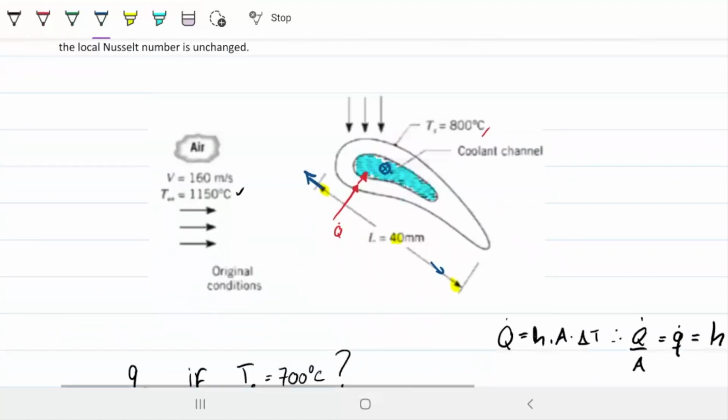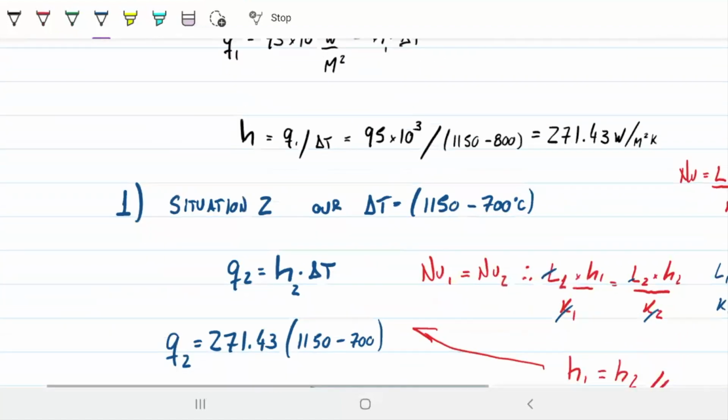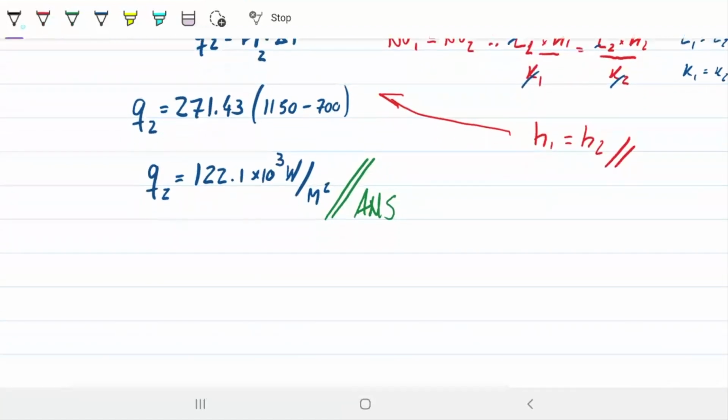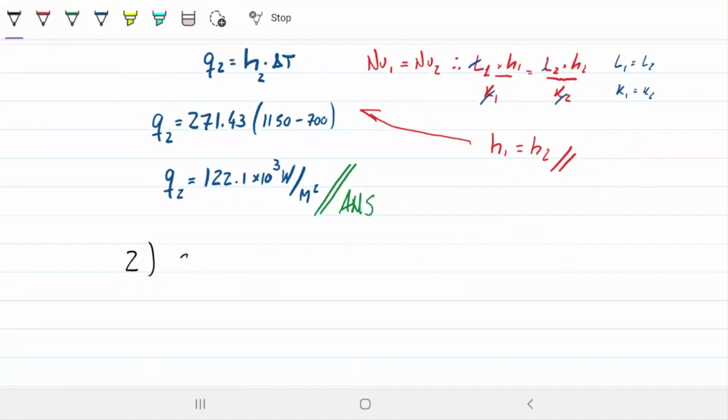Okay, so once again, our local Nusselt number is unchanged. We can once again derive some insights from that. Situation 3 now. And we want to know what is Q3 for delta T of 1150 to 800.